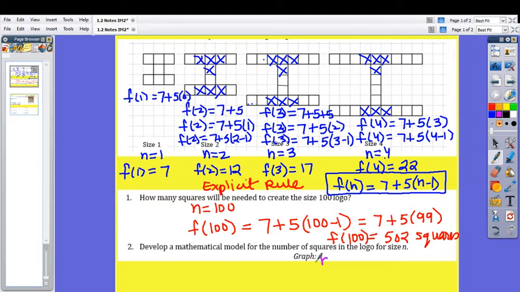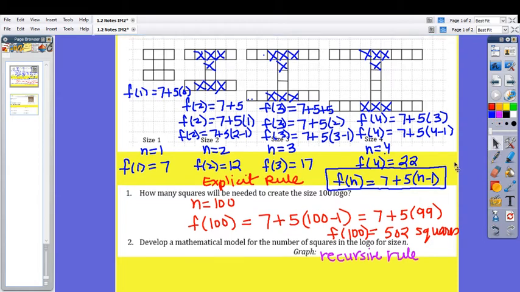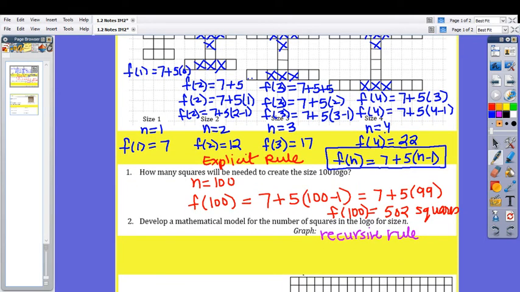So for recursive, remember from math 1 we used to have two equations. The first thing it tells us is where we start, so this is starting from when n is 1. When n is 1 there are 7 of them, so this is how it starts.